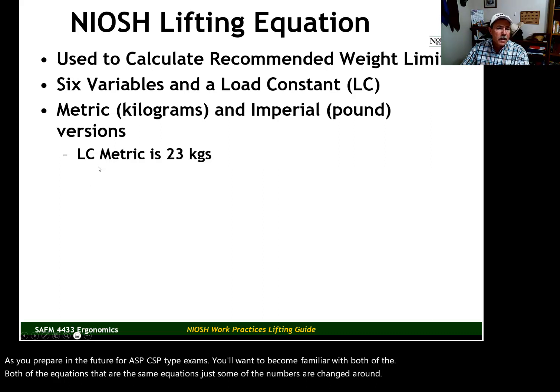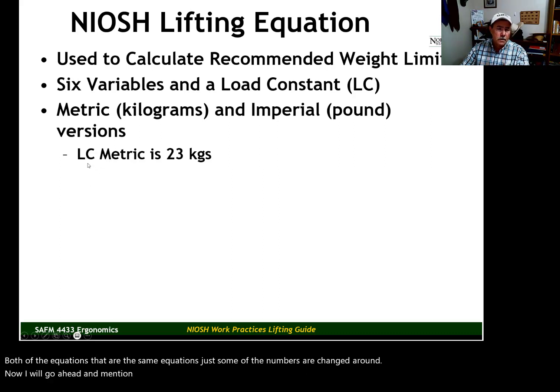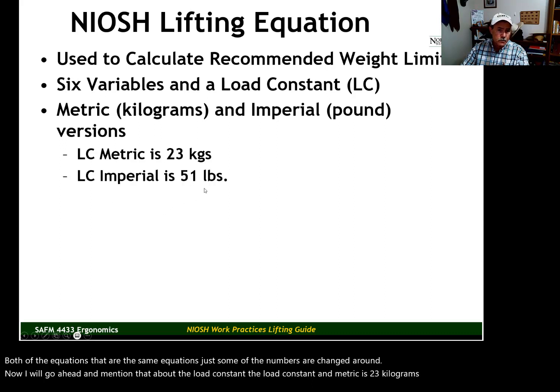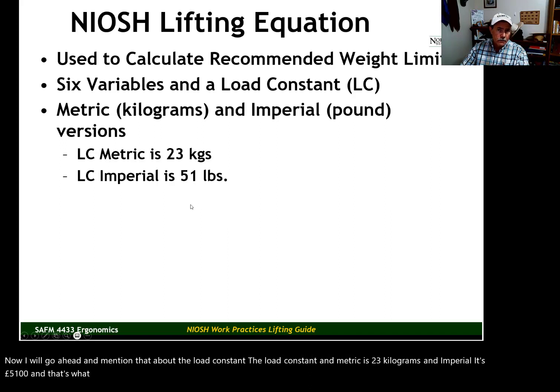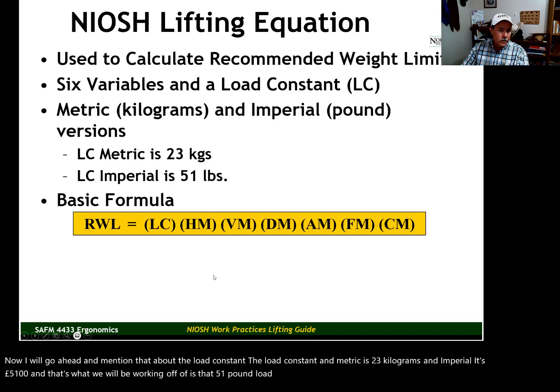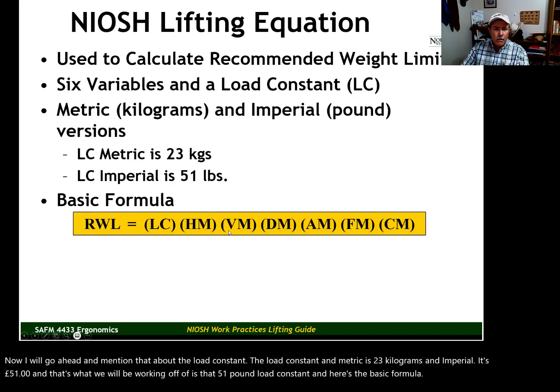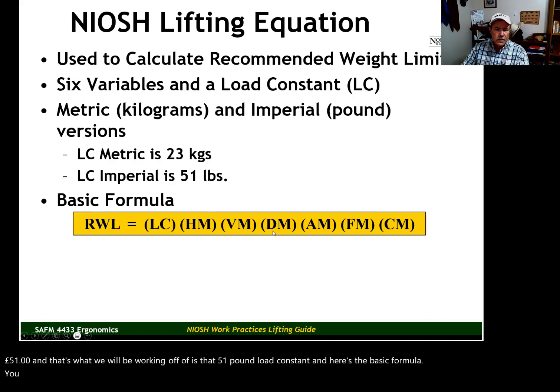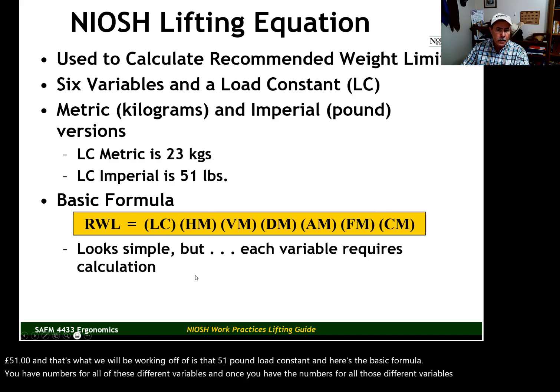Now I will go ahead and mention now about the load constant. The load constant in metric is 23 kilograms. In imperial, it's 51 pounds, and that's what we'll be working off of, that 51 pound load constant. And here's the basic formula. You have numbers for all of these different variables, and once you have the numbers for all those different variables, you multiply them all together.